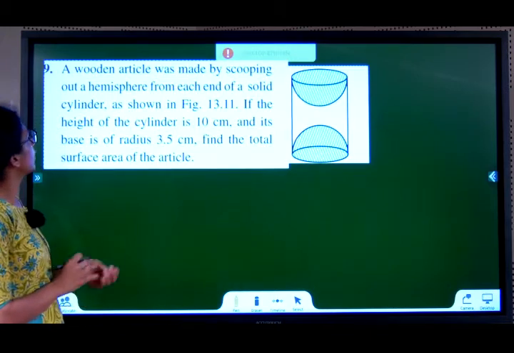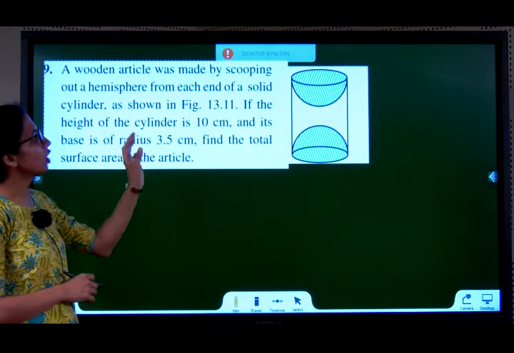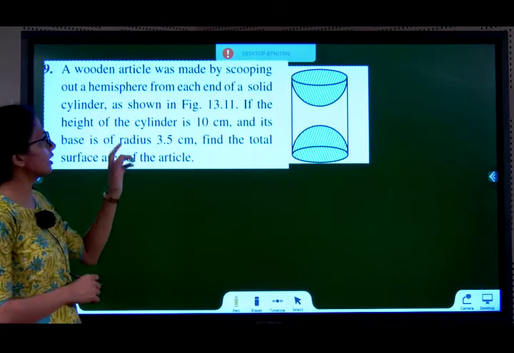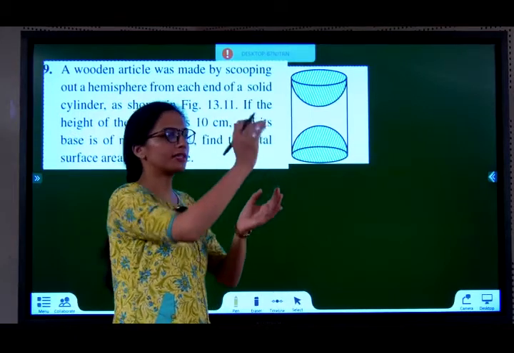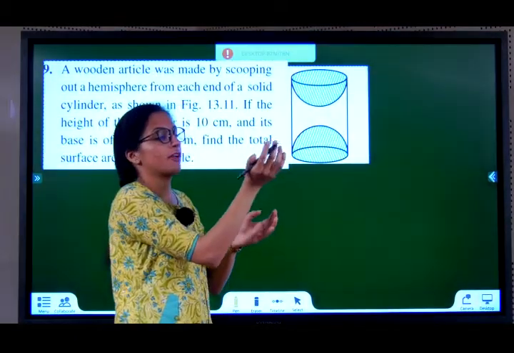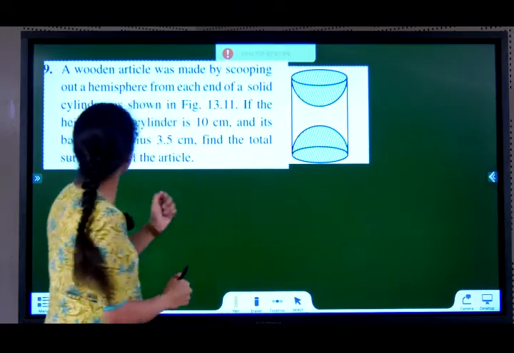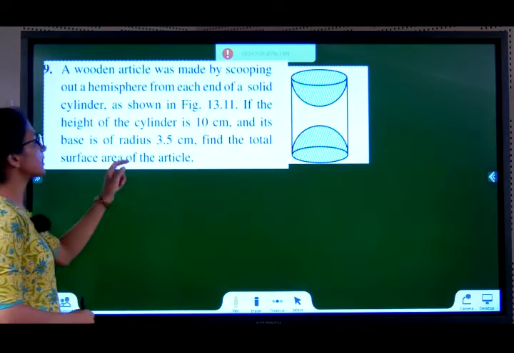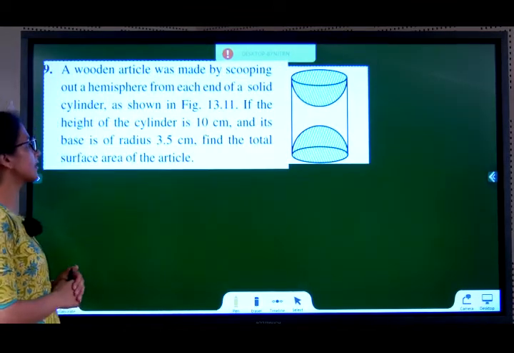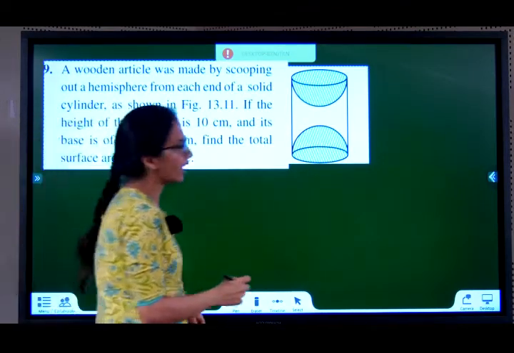Question 9. A wooden article was made by scooping out a hemisphere from each end of a solid cylinder. So there's a cylinder here. From this side there's a hemisphere scooped out, and from the bottom also a hemisphere scooped out. If the height of the cylinder is 10 centimeters and its base radius is 3.5 centimeters, find the total surface area of the article.